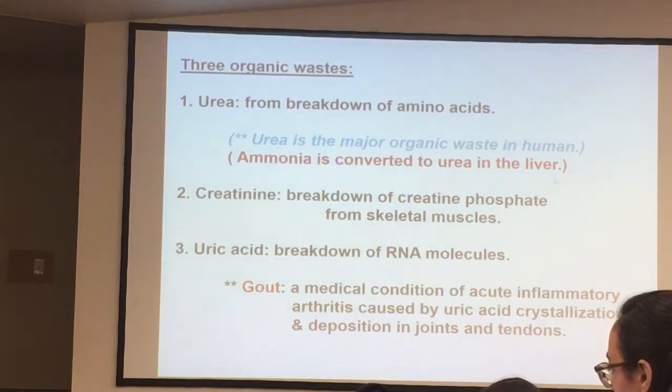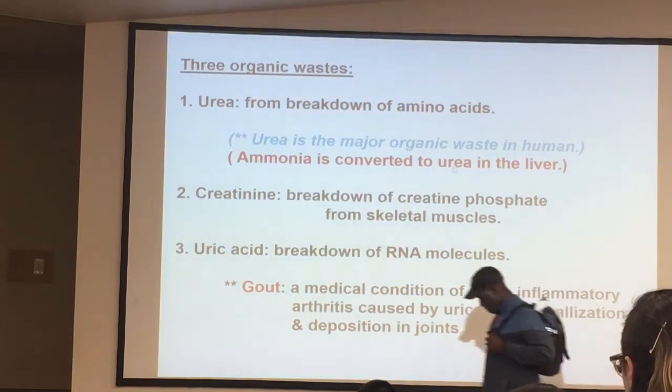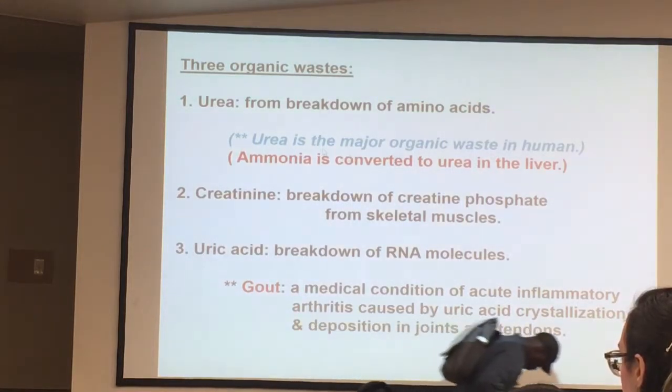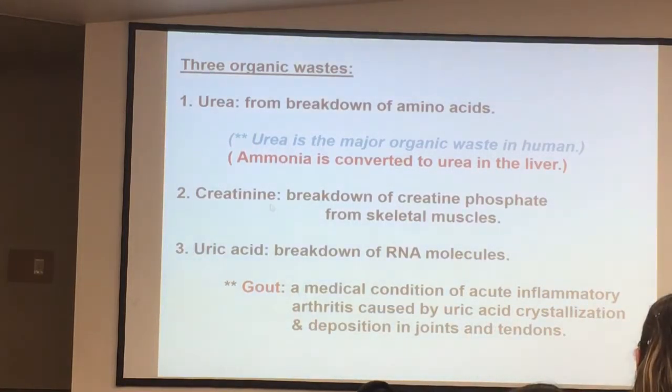The liver can change the toxic ammonia, NH4, to less toxic urea. And you have to know the rest is urea. And creatinine is a breakdown of the muscle. We call it creatine phosphate, in skeletal muscle.